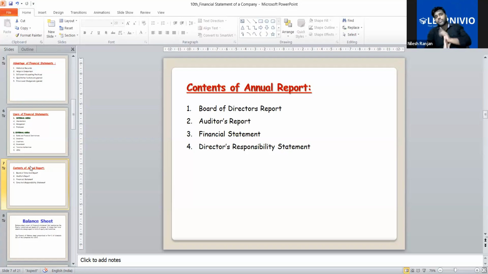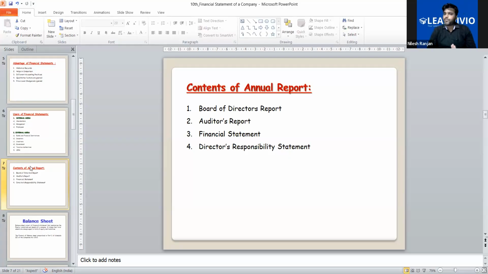Next is financial statement. Financial statement includes the statement of profit and loss, balance sheet, cash flow statement, and notes to accounts. So there are different items that we include in financial statement. We have to report all these to the government. After that, the last one is auditor's report. What is auditor's report? Auditors are the persons who check the financial statement. Is there any discrepancy? Is there any problem with the financial statement?